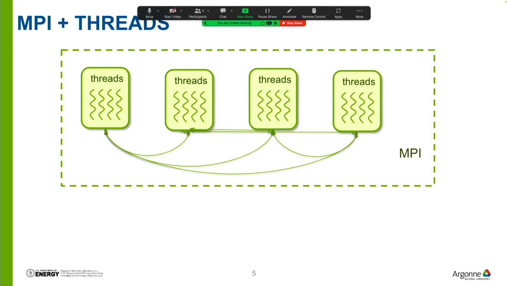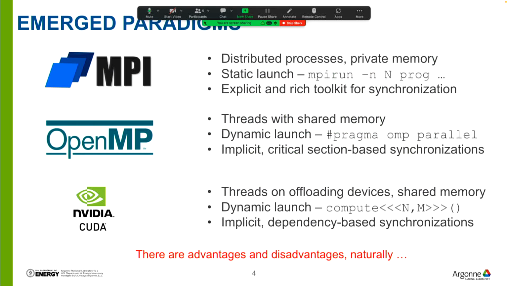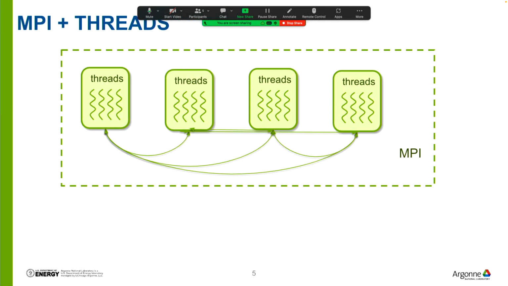So let me go back a little bit. As I listed here, MPI and OpenMP have advantages and disadvantages. And from the user point of view, we are always trying to at least attempt to reap benefits from both worlds. This ends up with MPI+Threads, which has been the dominating paradigm for the last couple of decades.